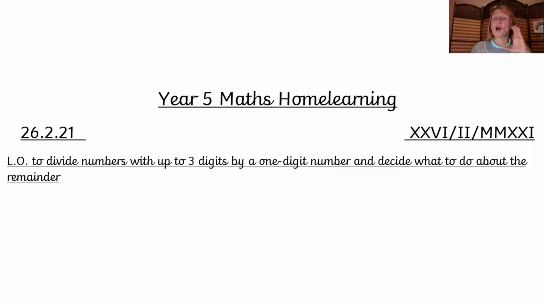If you're blue, you're only going to do the blue section. And if you're purple, you only have to do the purple section. You don't have to start at the beginning of the sheet. If you're purple, you can start right at the end of the sheet and just do the purple questions, okay? So that's a little bit different today than yesterday.